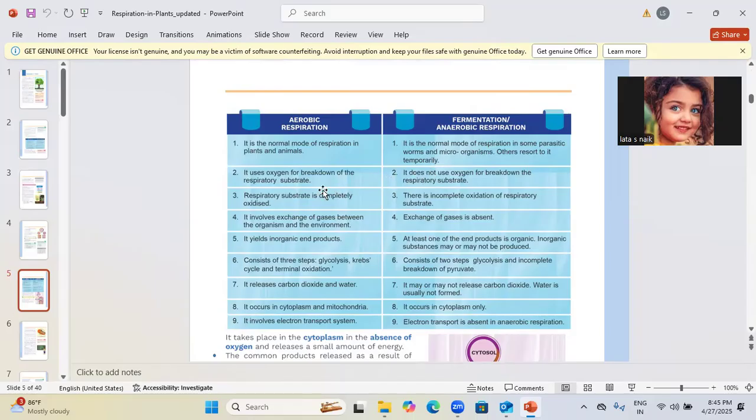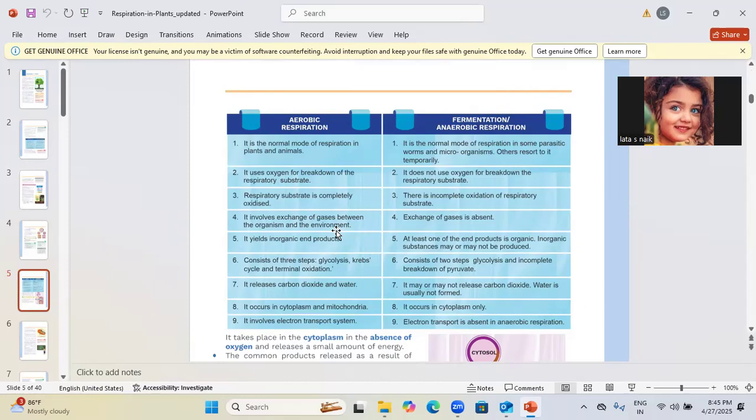Aerobic uses oxygen for breakdown of respiratory substrate, whereas anaerobic does not use oxygen. Here it is completely oxidized. Here in anaerobic, it's incomplete oxidation of the respiratory substrate.